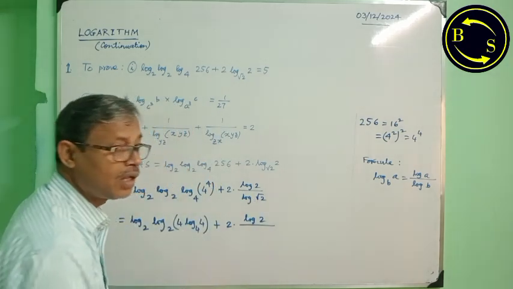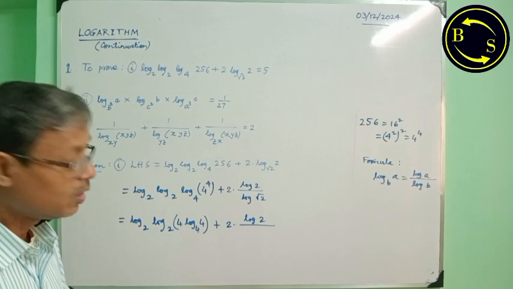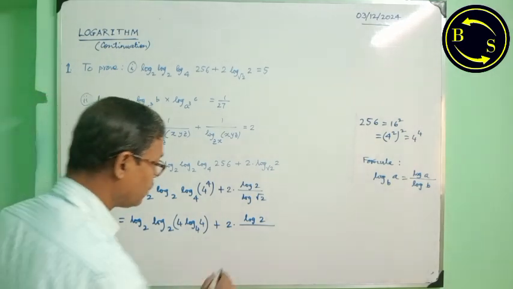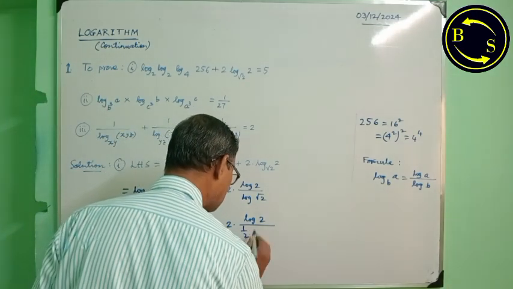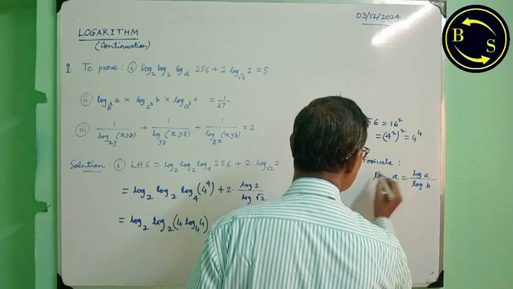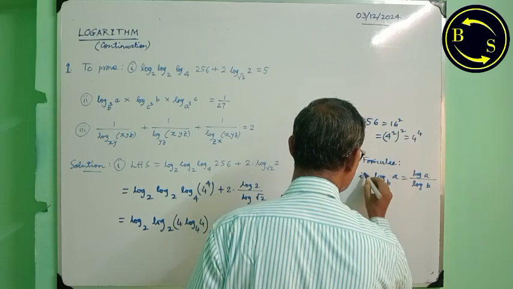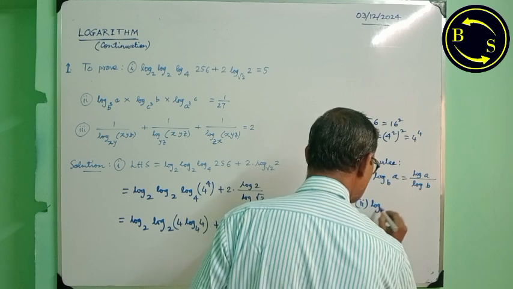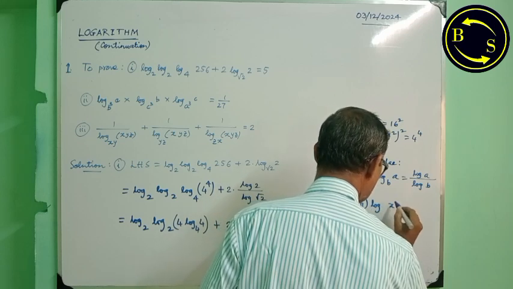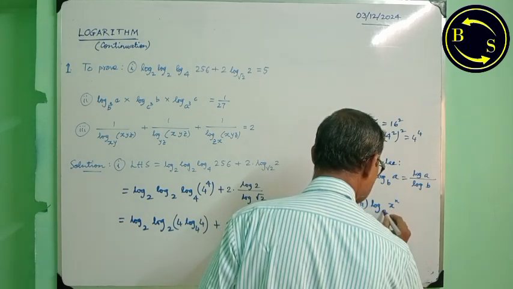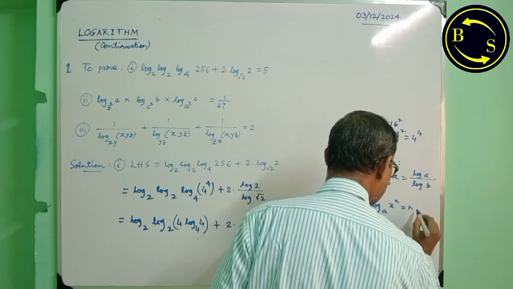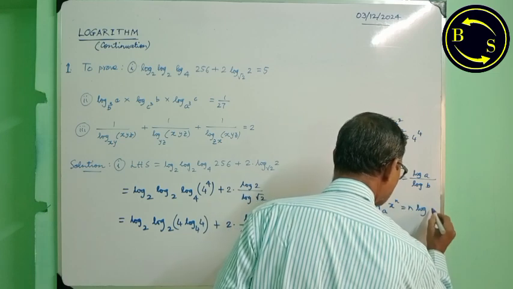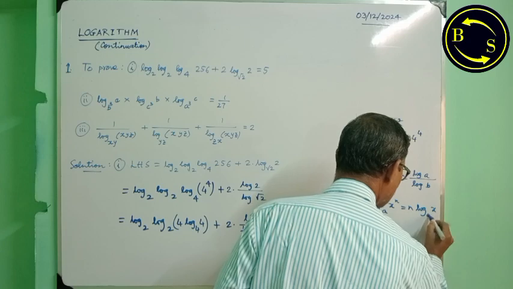This is root 2 means log 2 to the power half. Therefore, as per this formula, log of x to the power a to the base a will be equal to log of x to the base a.